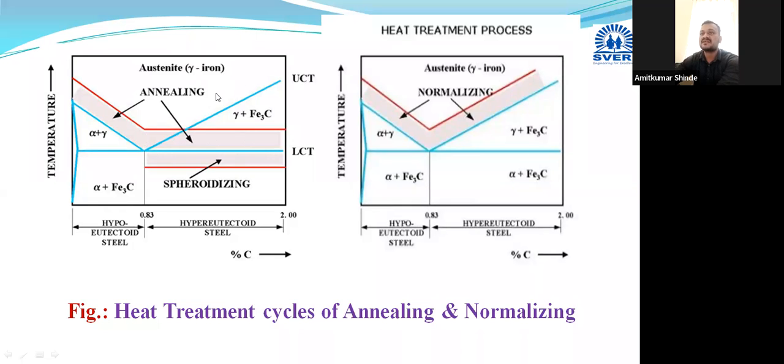At the higher temperature ranges, the first disadvantage is decarburization, that is, loss of carbon, and oxidation will occur.